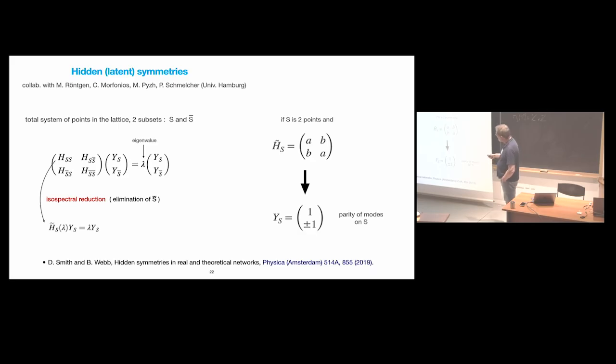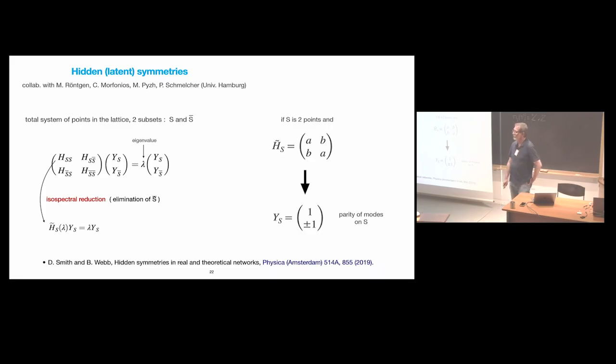We just need to be sure that we have the same diagonal term. If we are able to do that, then the reduced Hamiltonian is going to be symmetric, because the points on S, due to this form ABBA, will go with this eigenvector, and so you will have parity symmetry.